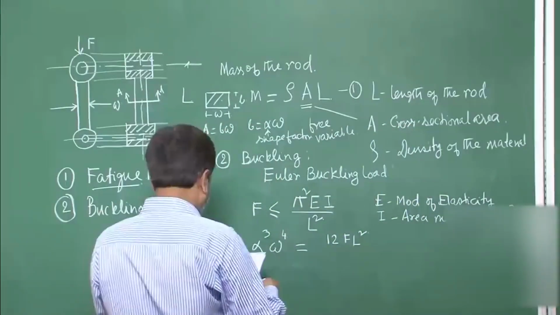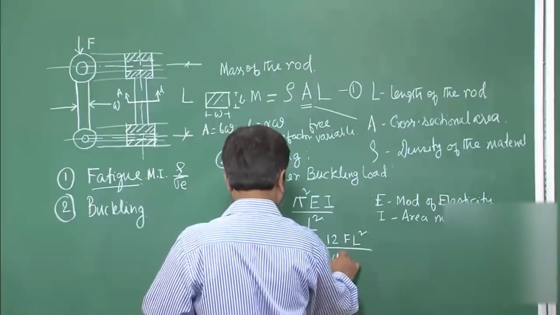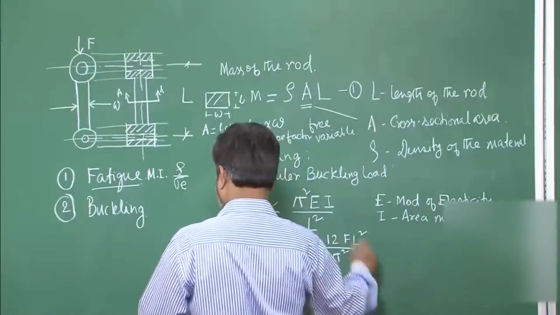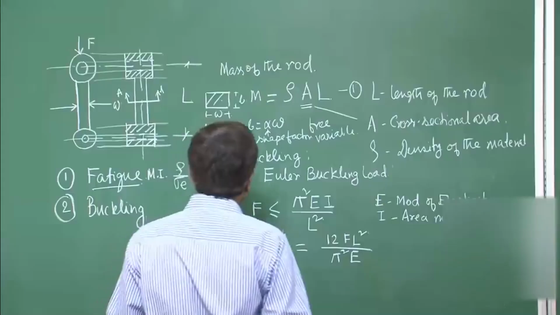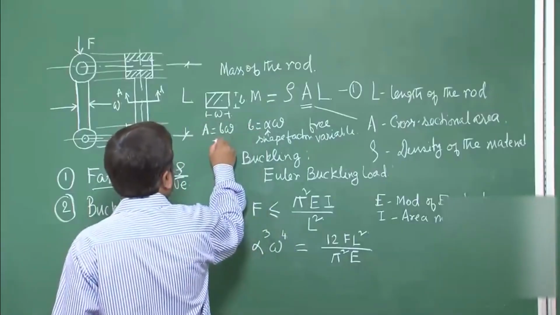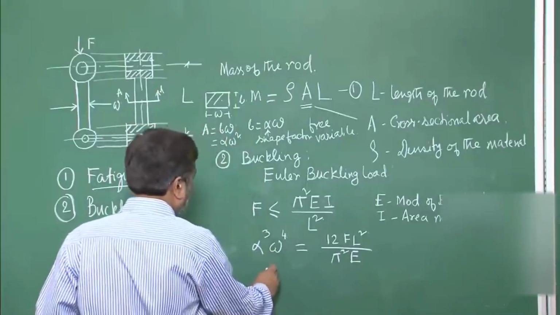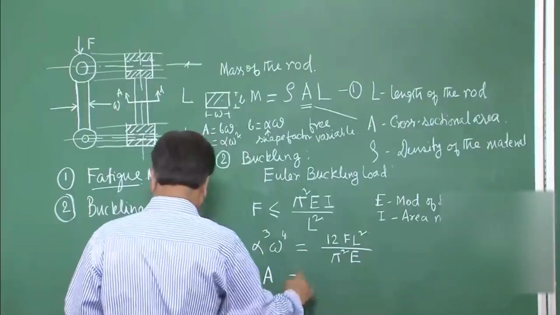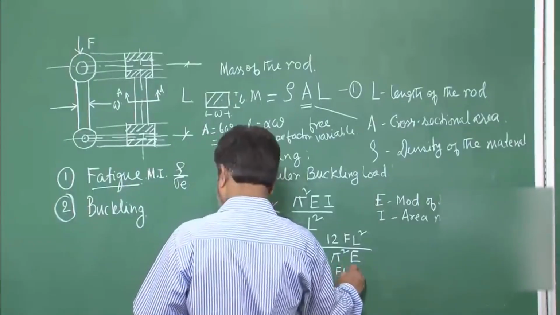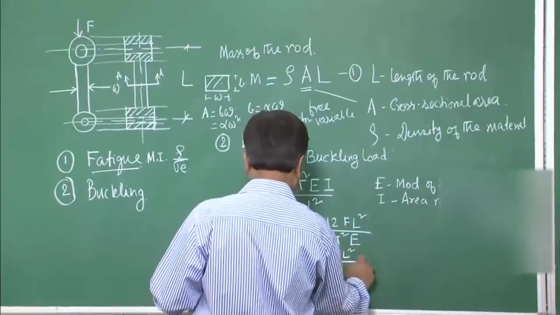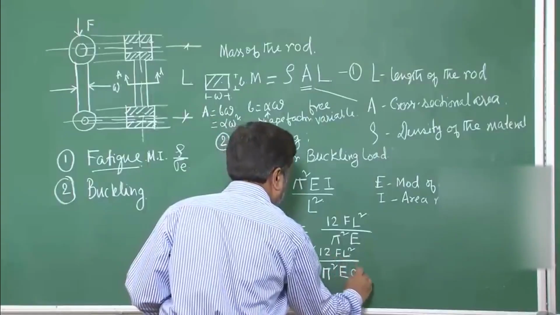If you apply all these things together, it will come out as W to the power 4 equals 12 F L square over pi square E alpha. If you work it out a little more, keeping in mind that area equals alpha W square, substituting that here, you get the area as the square root of 12 F L square divided by pi square E alpha.